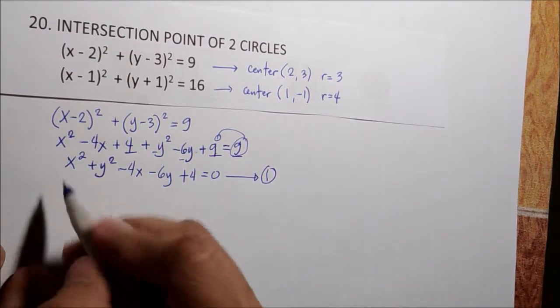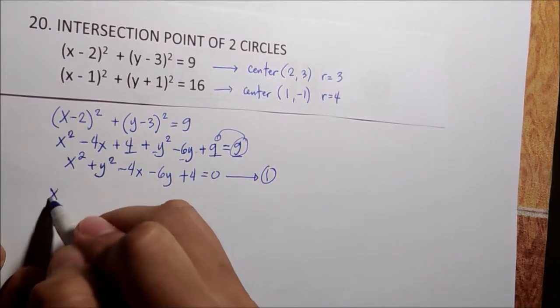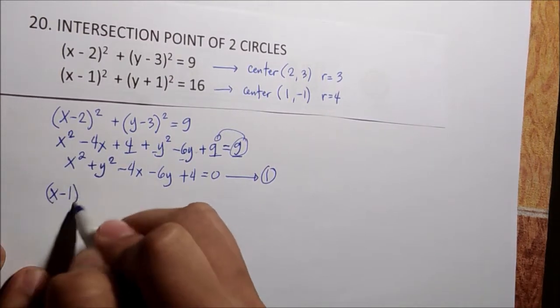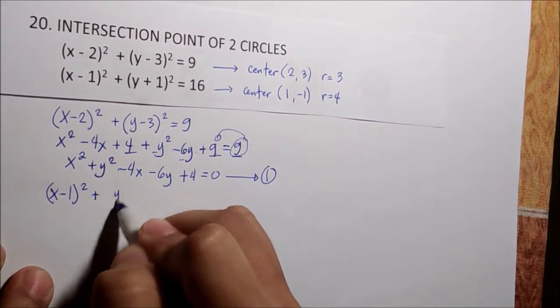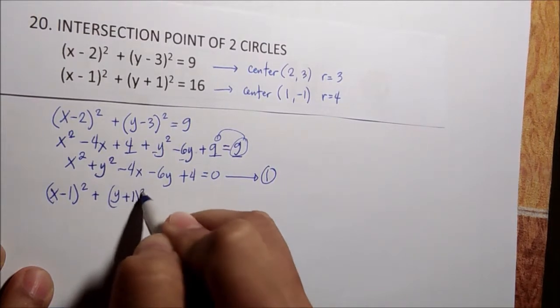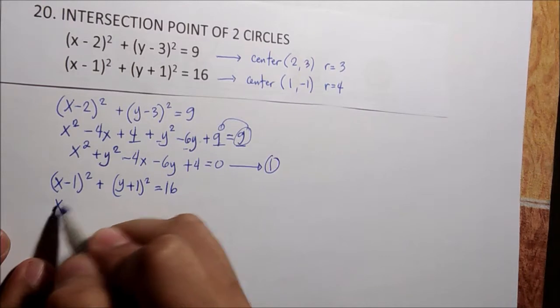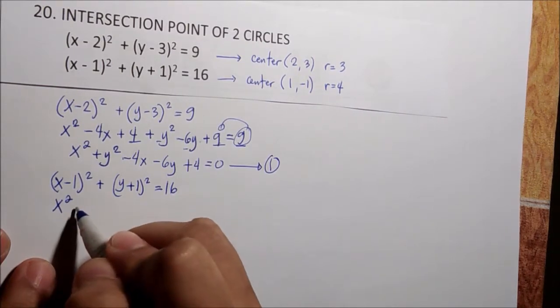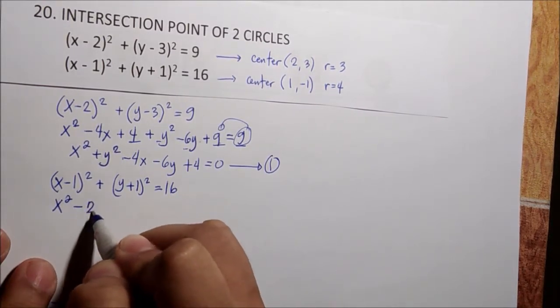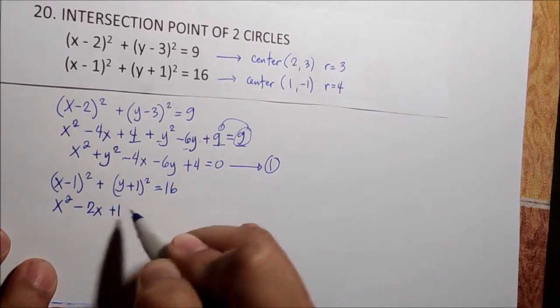The second is (x minus 1) squared plus (y plus 1) squared is equal to 16. Let's expand this one. This is the square of the first term, minus twice the first term and the second term, plus 1.